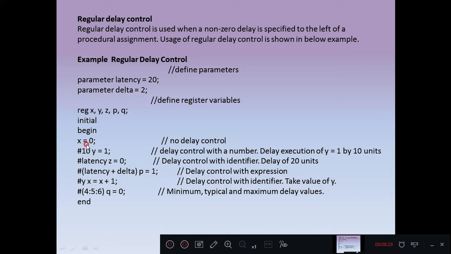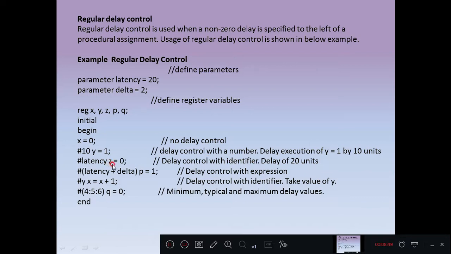X = 0, here delay is not specified. #10 Y = 1, so the delay is mentioned on the left hand side. So Y will get value 1, it is a blocking statement, after 10 time units. Then #latency, which is 20, after 20 time units, delay control identifier, delay of 20 time units.